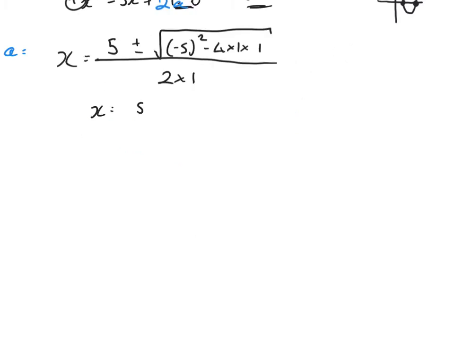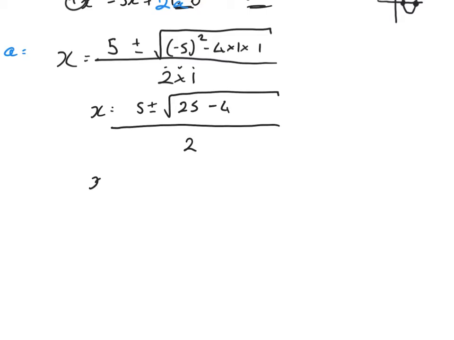Okay, x equals 5 plus or minus the square root of, well, let's just take our time with this. So minus 5 all squared is 25, and then it's minus 4 times 1 times 1, so minus 4 times 1 is minus 4, minus 4 times 1 is still minus 4, all divided by 2 times 1, well that's just 2.